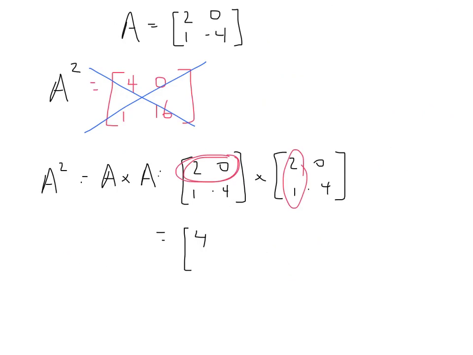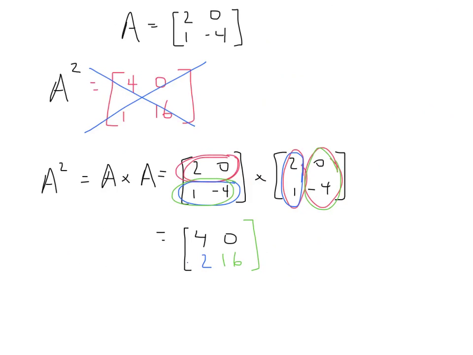Now I can do 2 times 0 plus 0 times -4 is 0. And I can do 1 times 2 plus -4 times 1 is going to be -2. And finally, we will have 1 times 0 plus -4 times -4 is 16. And here we have the matrix A squared.